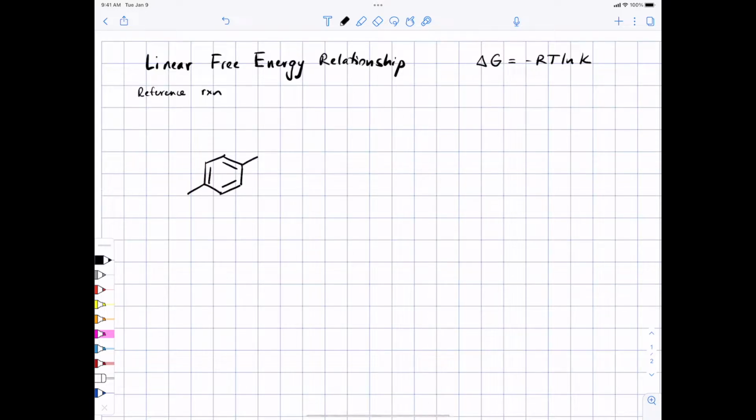The reference reaction is the deprotonation by water of benzoic acid. You'll recognize this as really just the setup that we get the Ka of benzoic acid from. And we can measure the equilibrium constant for that reaction. We'll call that large KH.